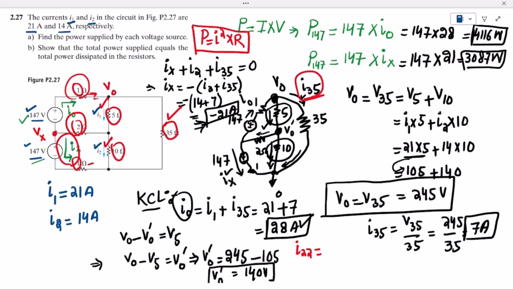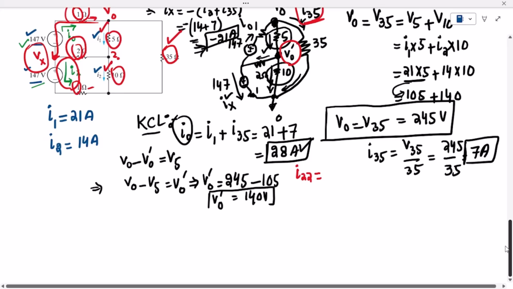So applying KVL in this branch, we will get the value of this Vx. After we find the value of Vx, we will apply the known voltage V0 prime, find it out, and the current will be known. So let me use KVL here.